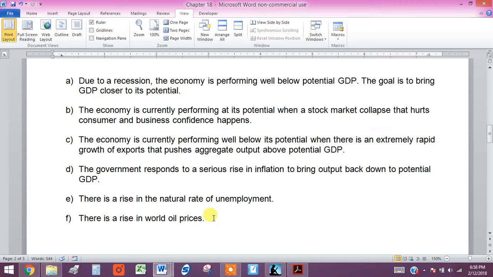Much of the cost of supplies is the cost of transporting supplies from one place to another. So if there's a rise in the price of oil, then transportation costs are going to go up, which means that the cost of supply is going to go up, which shifts the supply curve to the left. That should give you a real hint in what graph to look at for part F.